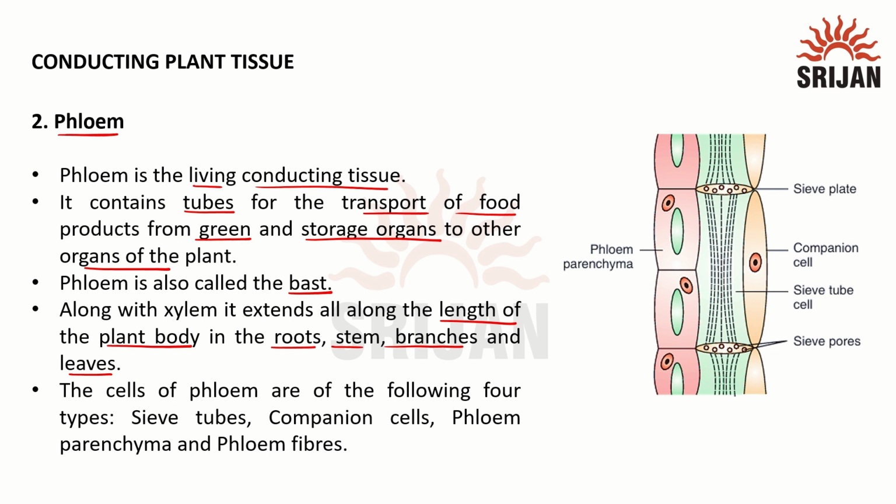Now phloem also has four types of elements. One is sieve tubes, second is companion cells, third is phloem parenchyma and fourth one is phloem fibers. So here we can see the first element, that is the sieve tube, which is arranged one above the other and the end walls have sieves, that is the pores.